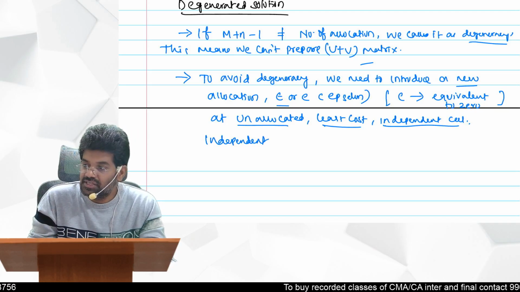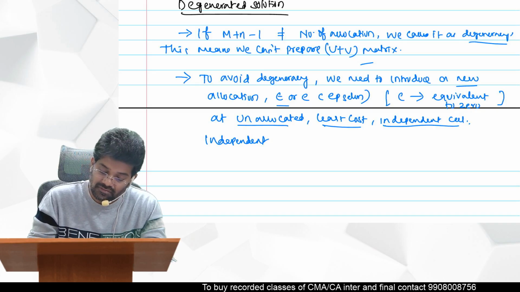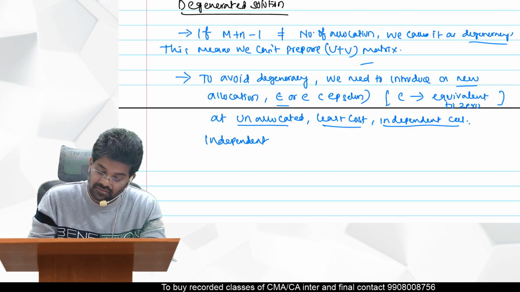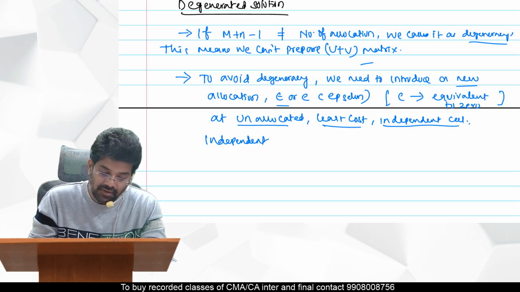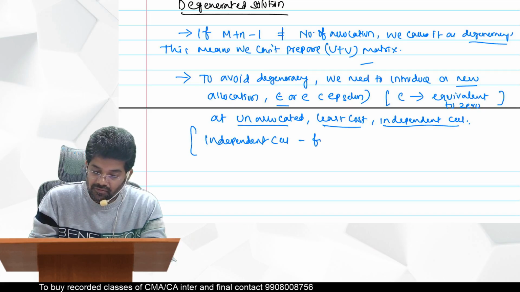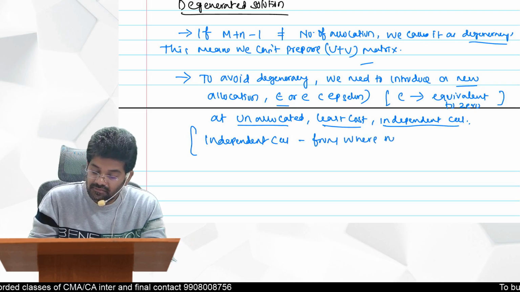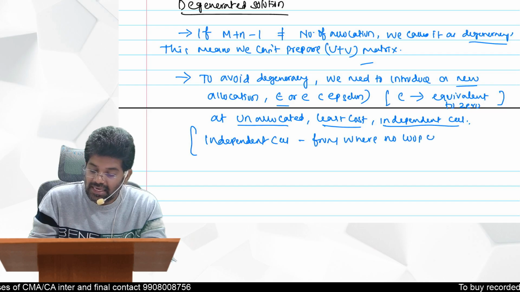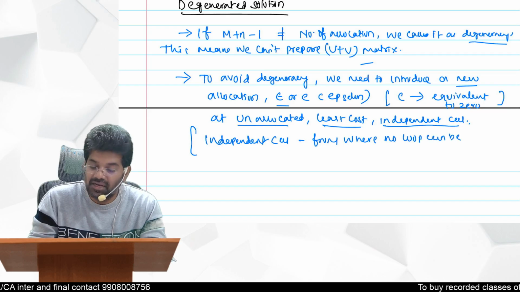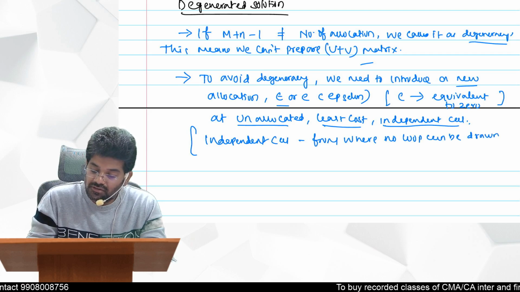Okay, allocation is 0. What is the meaning of independent cell? From where no loop can be drawn. That is called an independent cell.